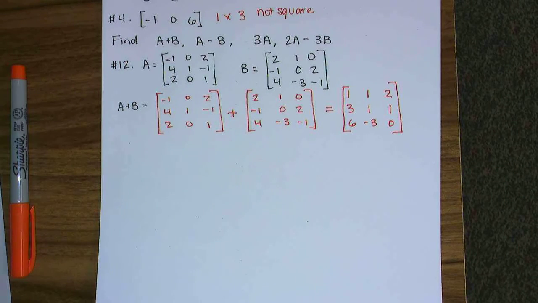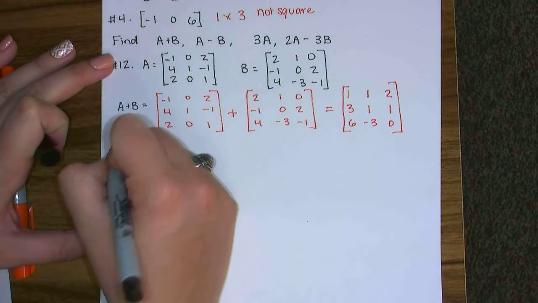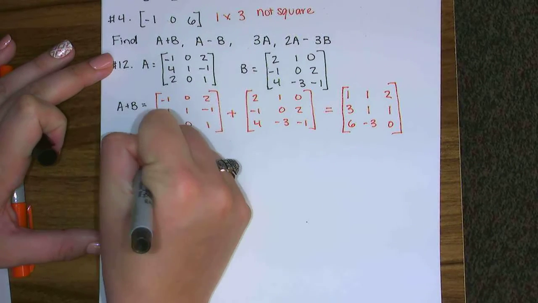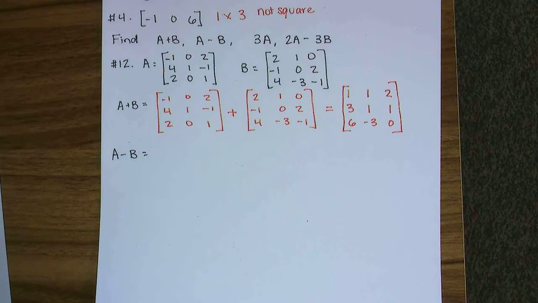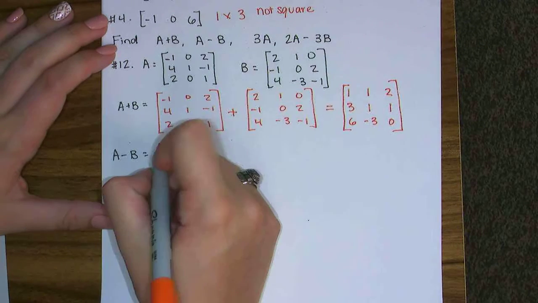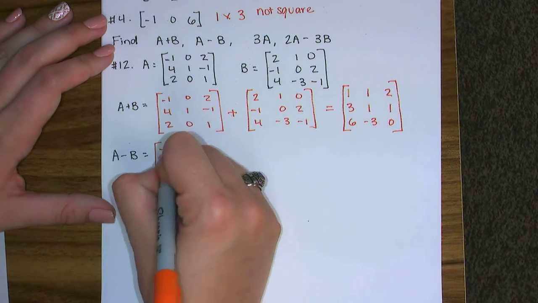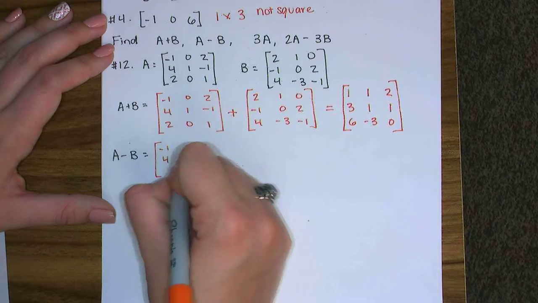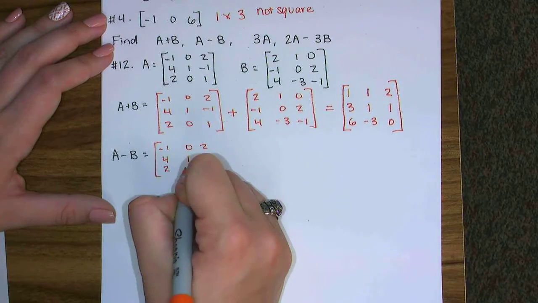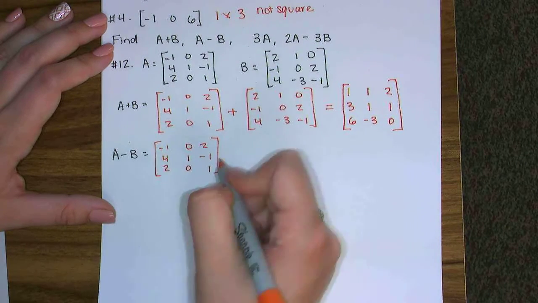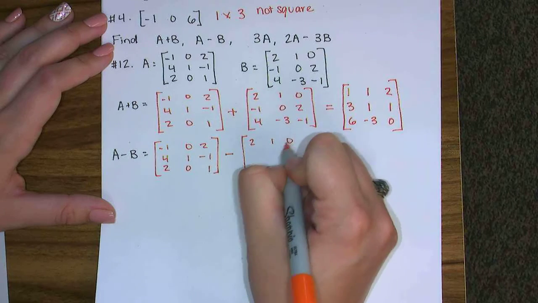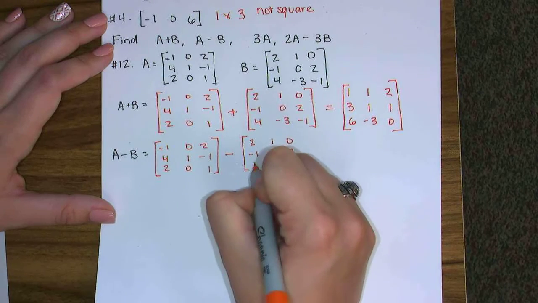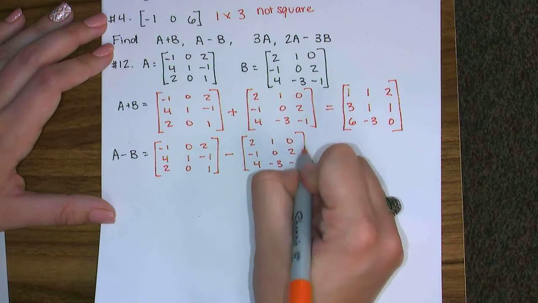So now let's look at A minus B. We're going to set it up the same way. -1, 0, 2, 4, 1, -1, 2, 0, 1, minus 2, 1, 0, -1, 0, 2, 4, -3, -1.